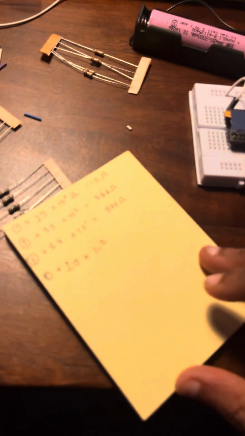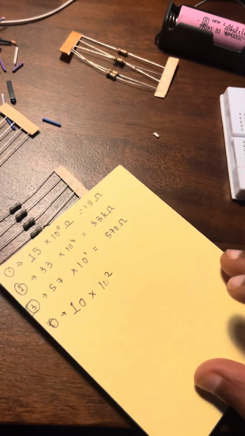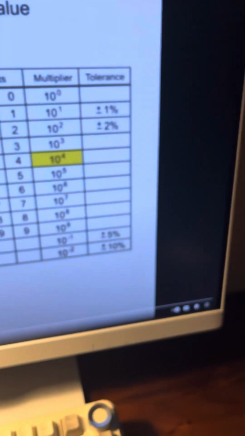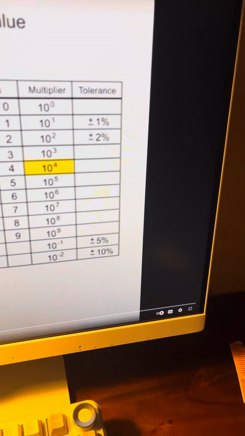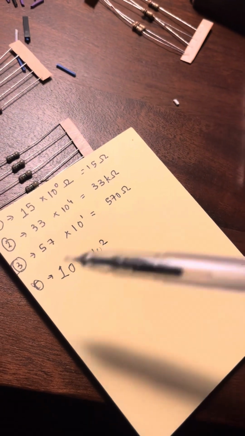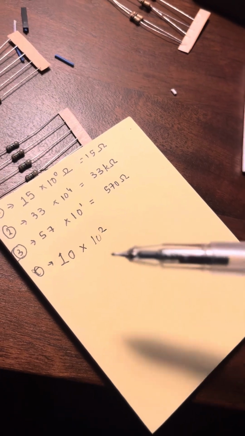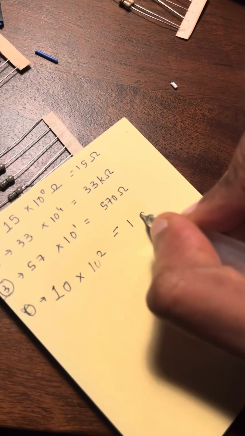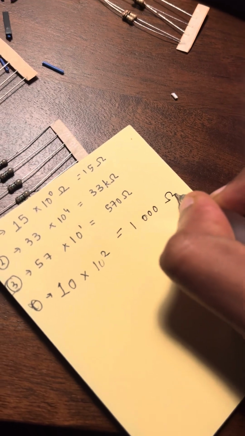Okay. And what else do we have? Yeah, we have a gold, and gold means it's a plus or minus 5% tolerance. All right, so as we can see, this is 10 into 10 squared. So that's basically equal to 1,000 ohms.